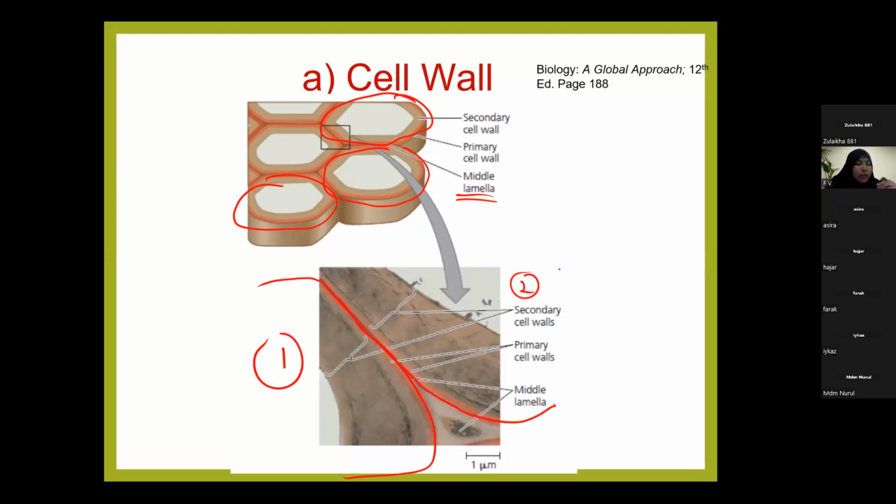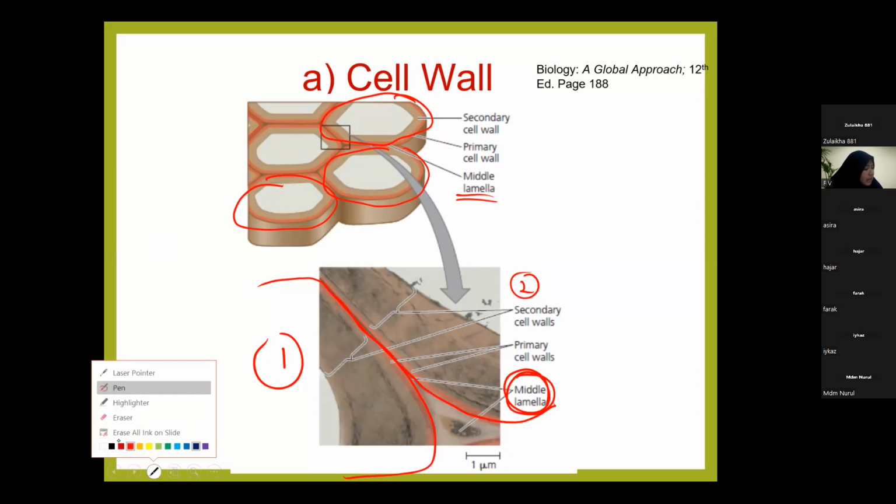So nampak tak yang orange tu? Bahagian yang orange tu, tengah-tengah tu kita panggil sebagai middle lamella. Okay, right. So that joining one plant cell to another plant cell. Okay. So selepas middle lamella, siapa? Okay, let's say. Selepas middle lamella, layer yang mana? Ni kena tahu ya, semua orang. Selepas middle lamella, betul-betul sebelah middle lamella, you can see that layer yang agak nipis.